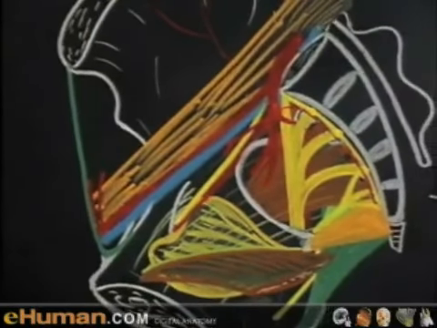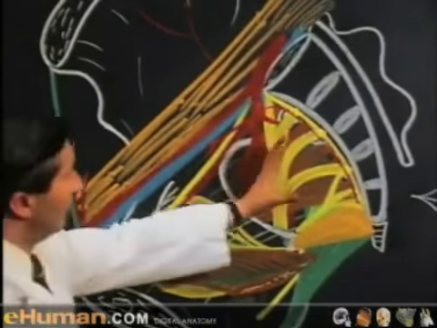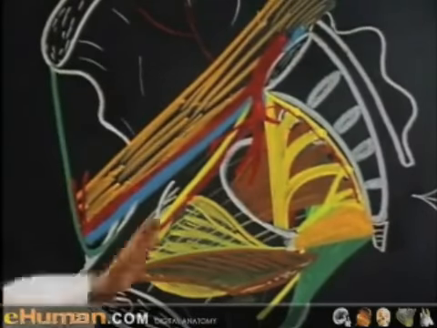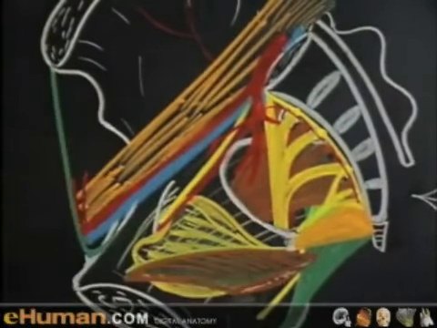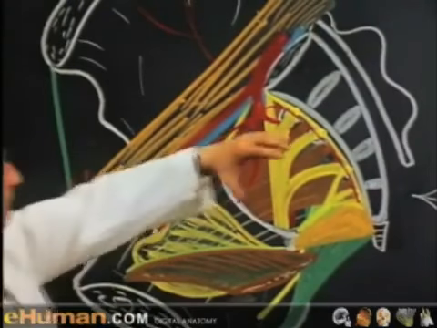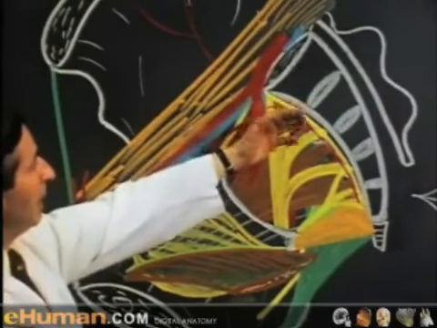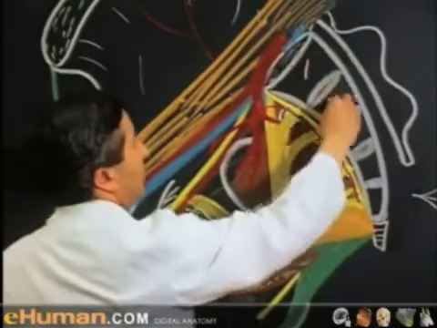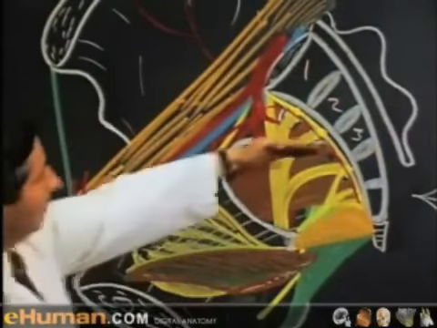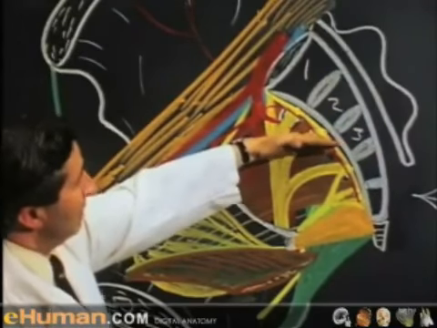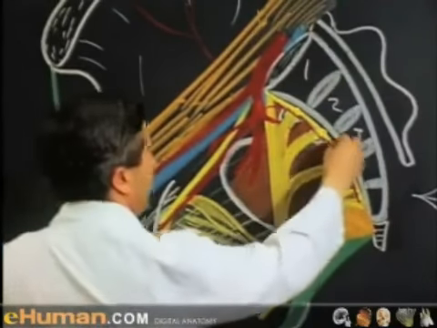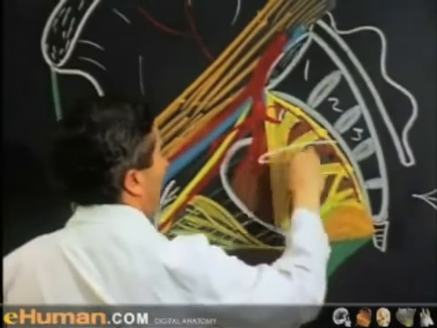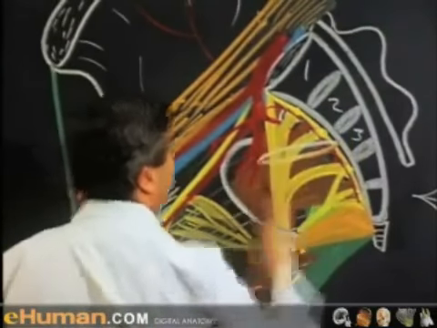Well, at this stage we can now start putting in the viscera. And starting at the back of the pelvic cavity, we must remember that we have coming down the pelvic colon. And at the level of the third sacral vertebra, 1, 2, 3, the pelvic colon will become continuous with the rectum. So we'll just indicate here the upper end of the rectum.